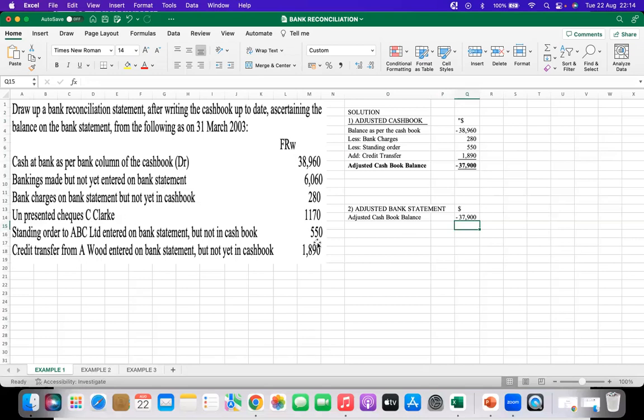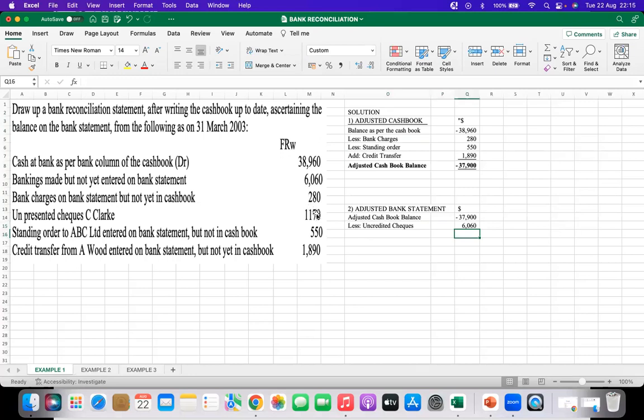So that is uncredited checks. We say that uncredited checks, we should less them. So what is our uncredited check? 60, 60. We less that.